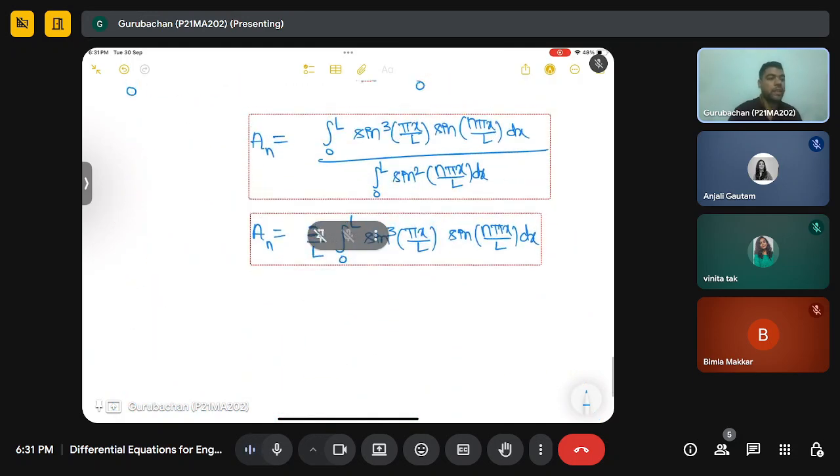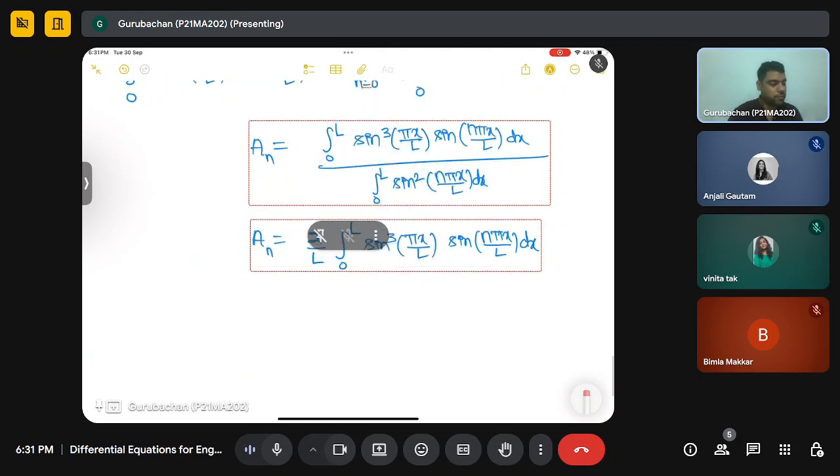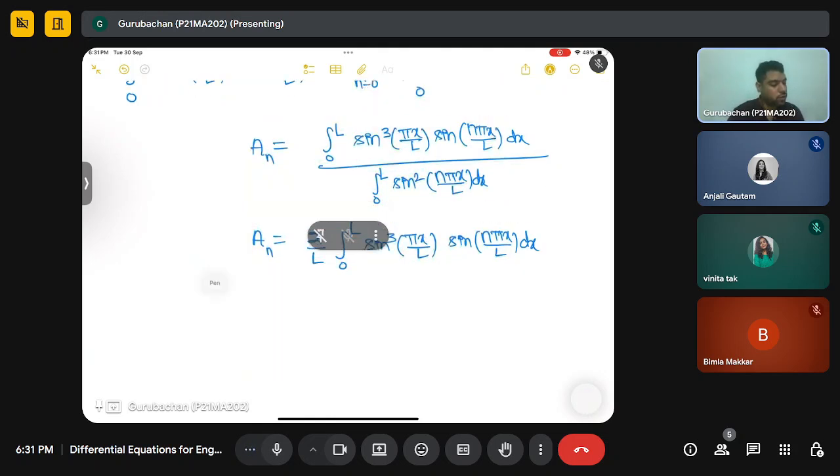So how will you get bn? We have to use the other initial condition, that is u_t(x,0). So before that we should solve this one. We may solve it further. So let me use first u_t(x,0) is 0. Okay, so u_t(x,0) means differentiating the given solution series with respect to t, and then putting t equal to 0.